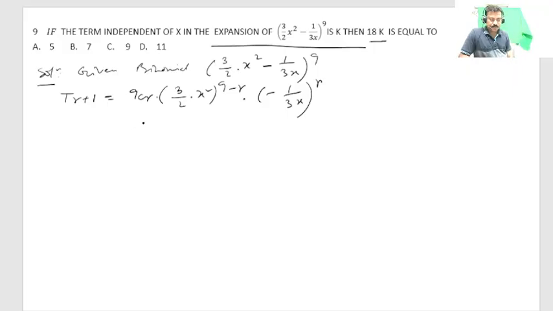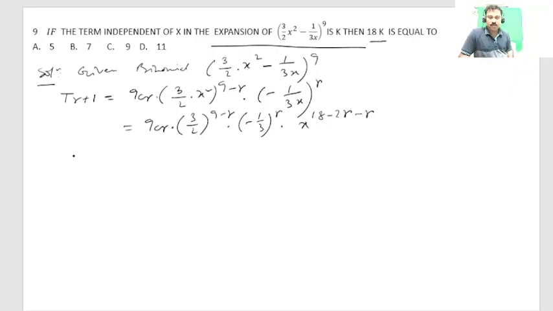So we get 9cr (3 by 2) whole to the power 9 minus r, okay, (minus 1/3) whole to the power r into x to the power, if we multiply this, that is 18 minus 2r minus r, that is here 18 minus 3r.